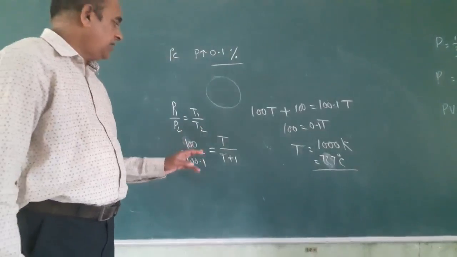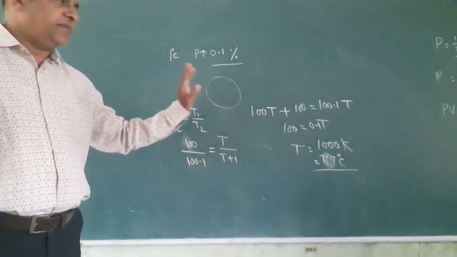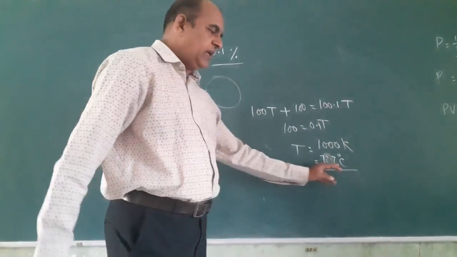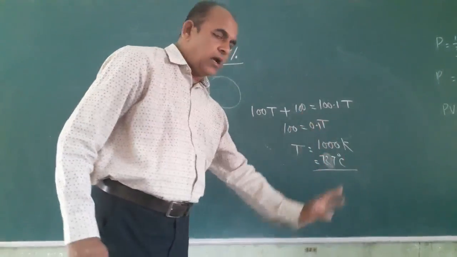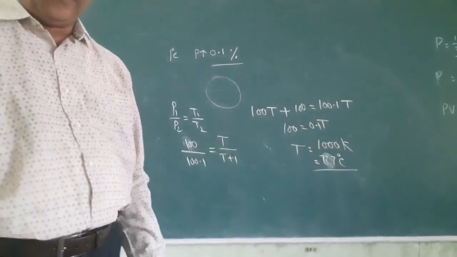The initial temperature of the gas is 727 degrees centigrade or 1000 Kelvin.